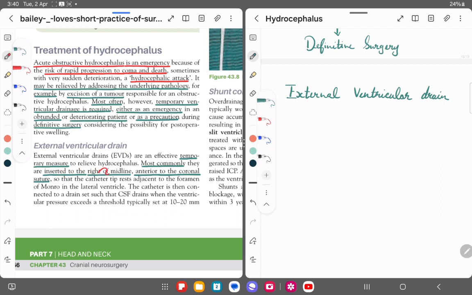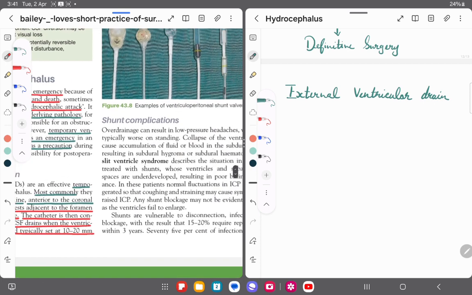And why is it placed to the right of midline, anterior to the coronal suture? So that the catheter tip rests adjacent to the foramen of Monro in the lateral ventricle. The catheter is then connected to a drain set such that CSF drains when ventricular pressure exceeds the threshold, typically set at 10 to 20 mmHg.